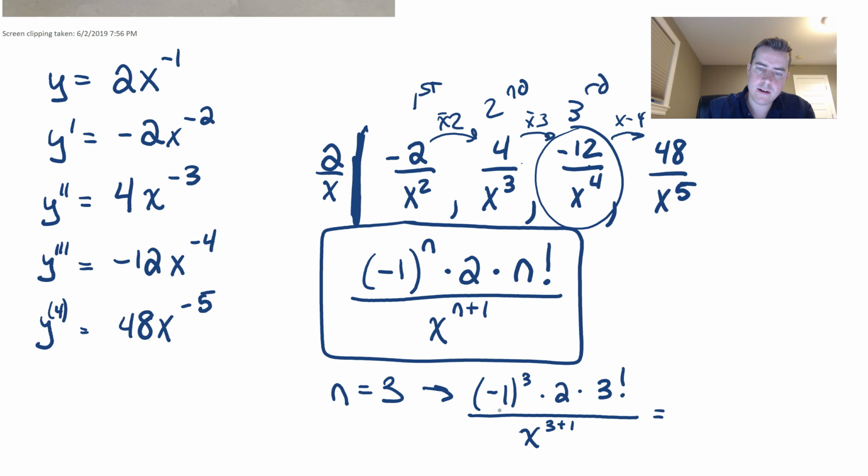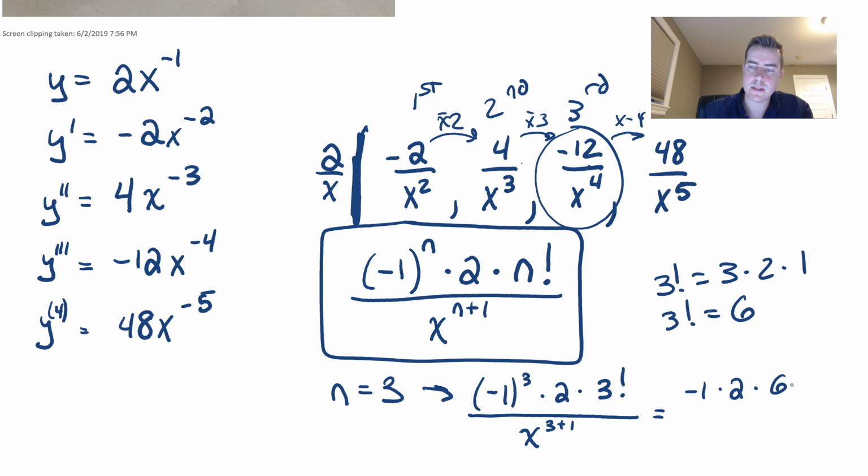Negative 1 to the third would just be negative 1, times 2, times 3 factorial. If you don't remember, 3 factorial is just 3 times 2 times 1, so 3 factorial would be 6. That would be times 6 over x to the 3 plus 1, which is 4. So 6 times 2 is 12 times negative 1 would be negative 12 over x to the 4. Oh, and look, the third derivative was negative 12 over x to the 4.